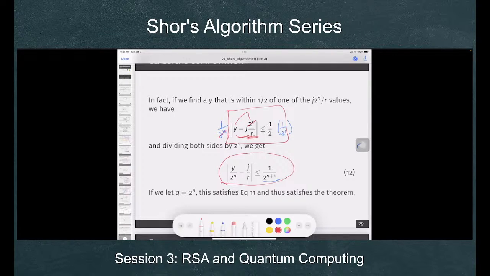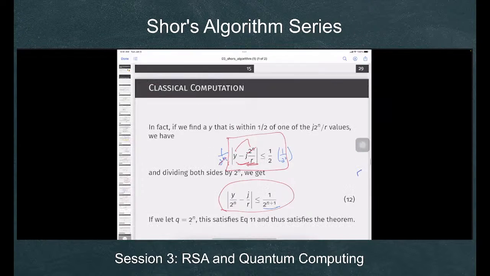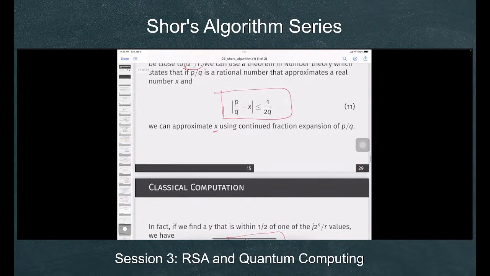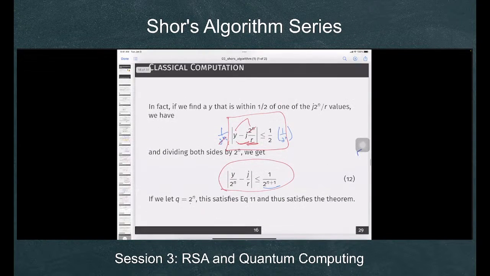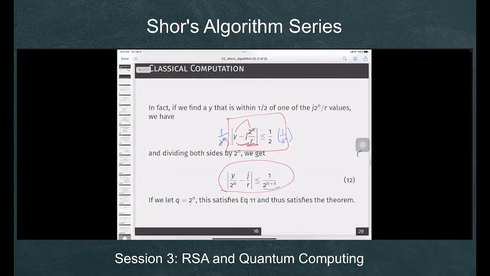So if you let q equal 2 to the n, then p equals y, q equals 2 to the n, and this becomes 1 over 2q.